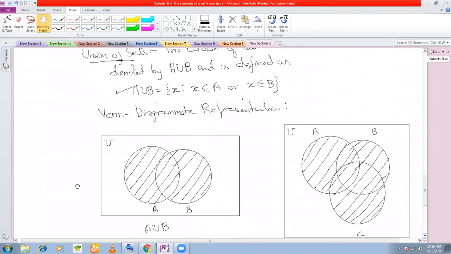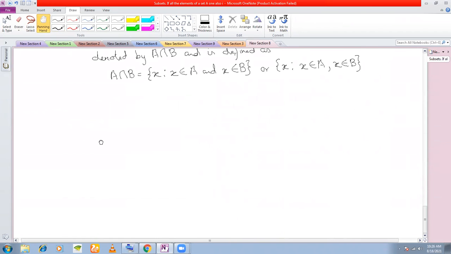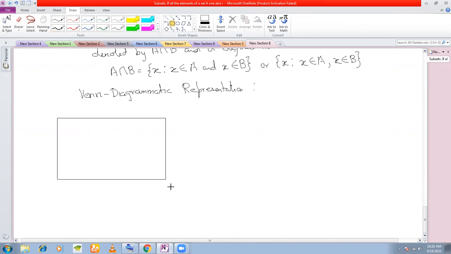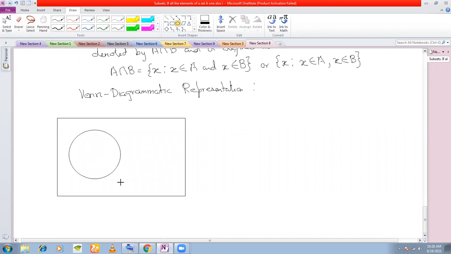So again, I don't need to mention the examples. What I will mention here is the Venn diagrammatic representation. For two sets A and B, let's write it below. So universal set.